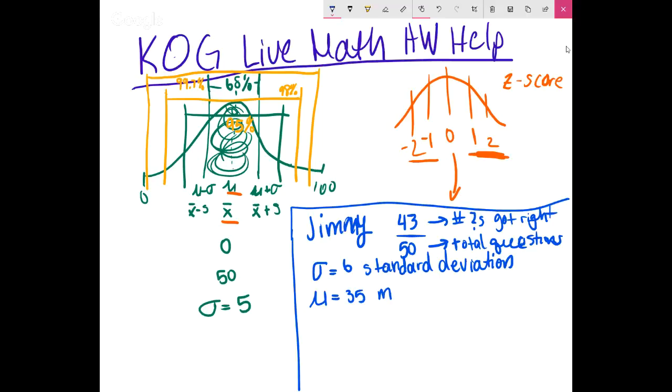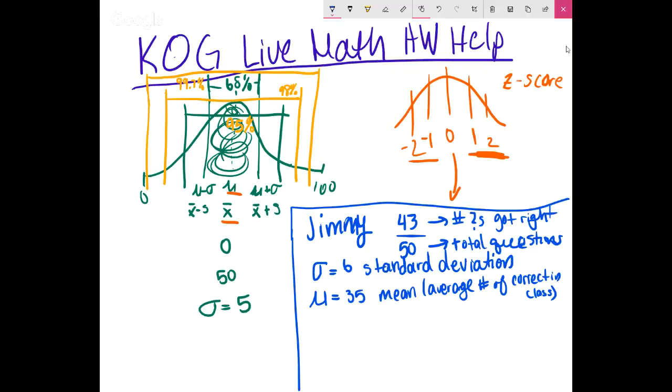I want to say that right. Mean, number right in the class. The mean or the average number of right questions in the class. Let's write that. Average number of correct in class. Cool.